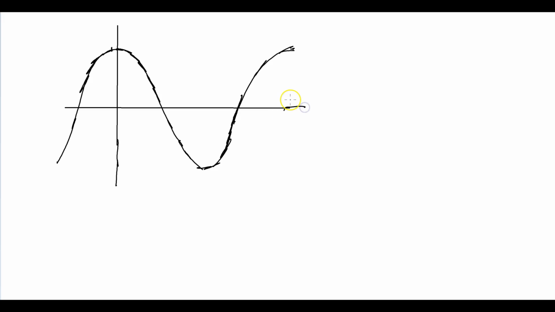So this is cosine of x, and right over here, we have the graph of x squared. So we have f of x equals x squared, and g of x equals cosine of x.